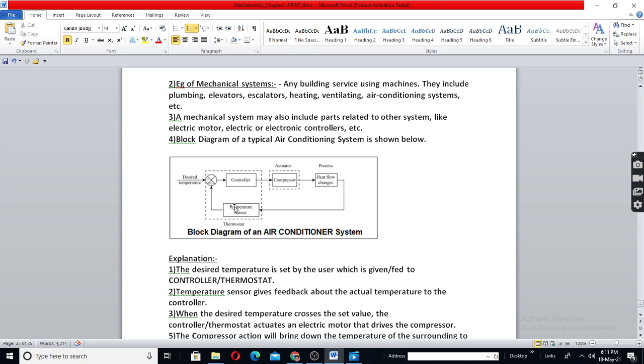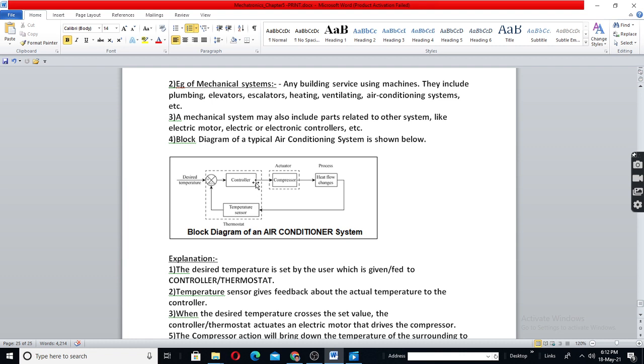So it will get the signal by physical closeness. You are not giving it to an electronic device here. The desired temperature is set by this screw position. Or if you give it by a digital signal input, then the input condition will actuate the thermostat. Actually, this is a physical signal.